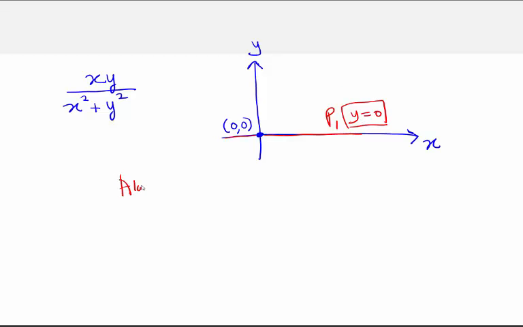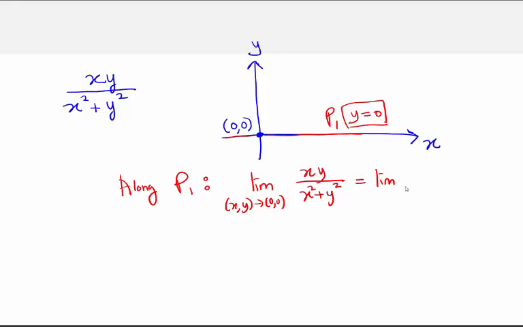Right, let's compute the limit of our function along P1. Well, in this case, we can always substitute y equals 0 into the expression for the function, and hence this limit can be reduced by writing it as the limit of the function x times 0, which is 0, over the denominator, which is now x squared, since y is always 0.